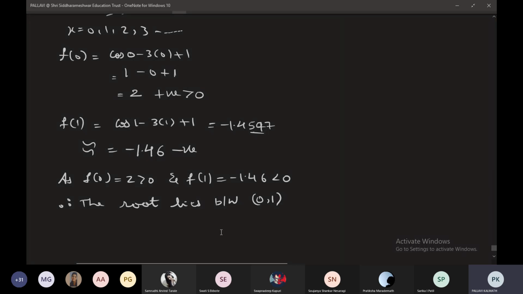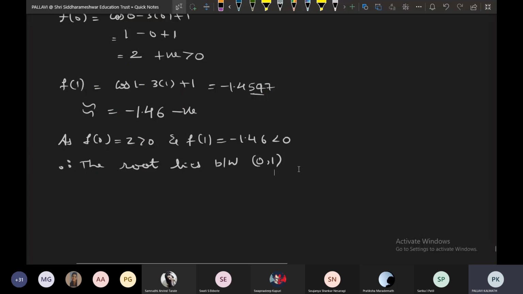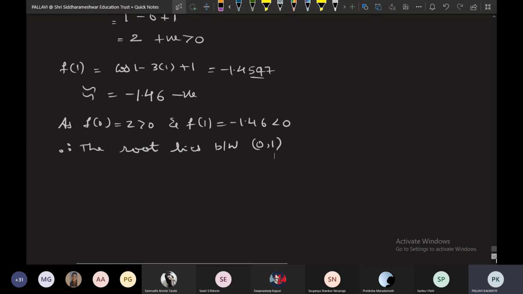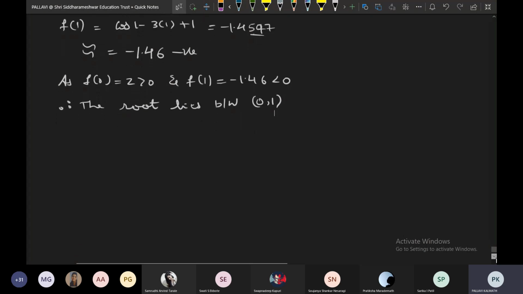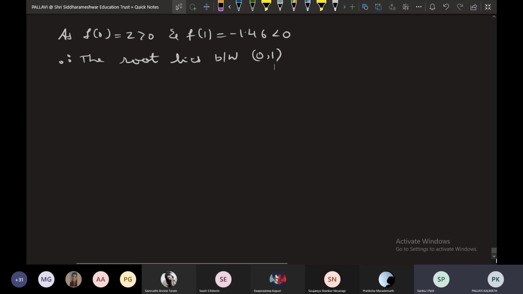Now would you like to take directly 0 and 1 as a and b, or you want to analyze whether the value of the function is closer to 0, f of 0 or f of 1? You want to reduce the iterations or do more number of iterations? Reduce the iteration.